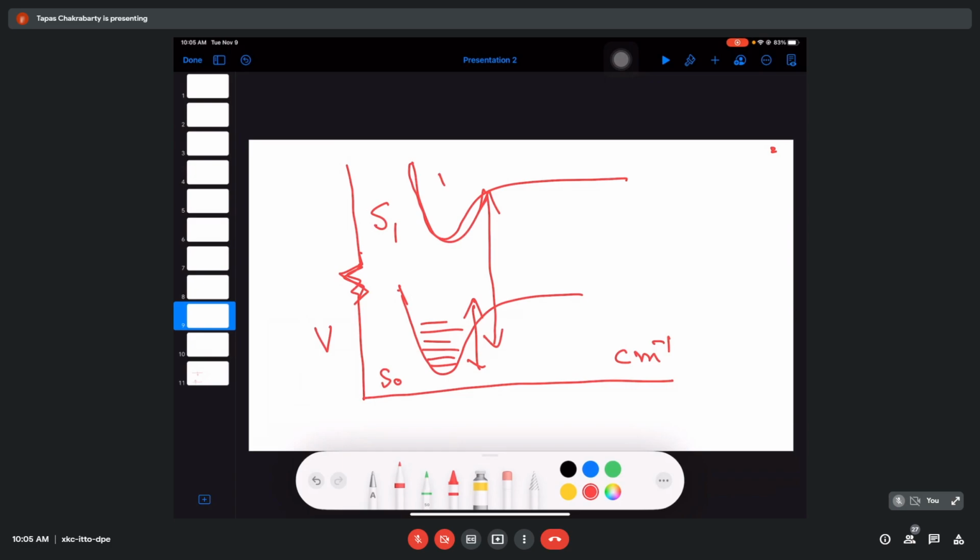It is more like a repulsive state. If you have a minimum, it means that if you excite the molecule here, it is trapped within the potential energy surface. It can undergo oscillation before the dissipation of this energy.